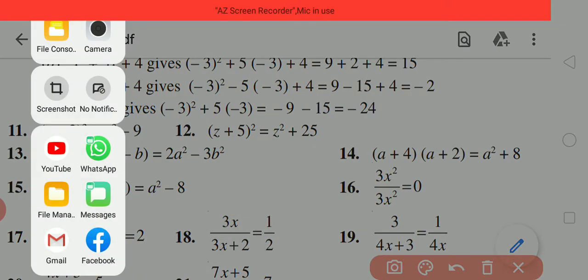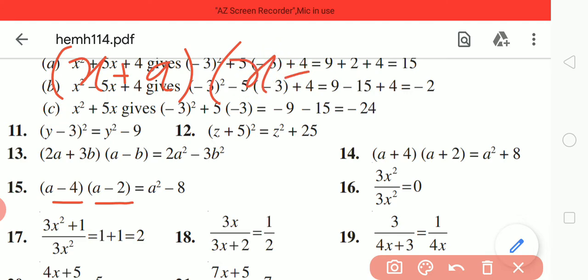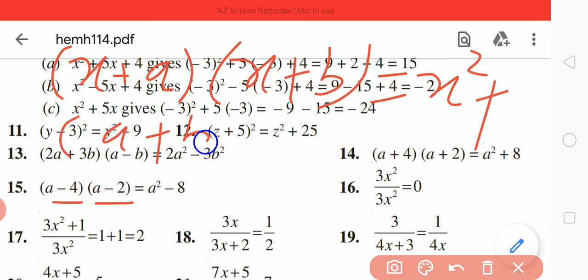Here you can see that (a minus 4) and (a minus 2) are given. We will use the previous identity, that is (x plus a) into (x plus b). It is the same as x square plus (a plus b)x plus ab.